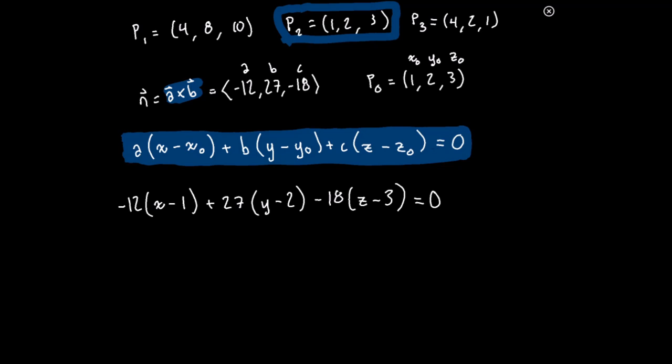All right, so what if, for example, we weren't given 3 points? What if we were given a vector that's on the plane and we were given a point that's on the plane? Well, you would know how to work with that, right? But what if you're given a line that's on the plane, and you're given a point that's on the plane?